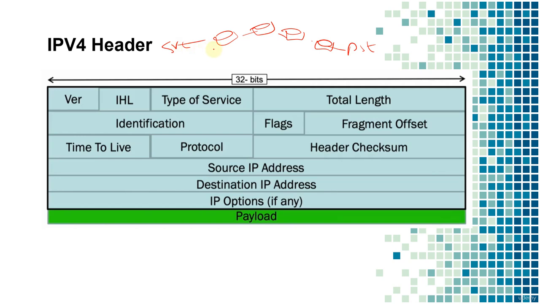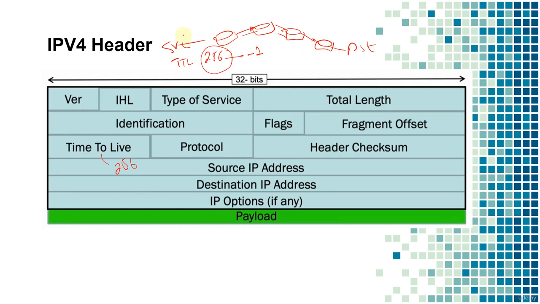So as the data is transmitted, the TTL will be set accordingly, like 256. This field has been set as 256. As the packet moves to the next hop, and the next hop, and the next hop, this value will be decremented by 1.